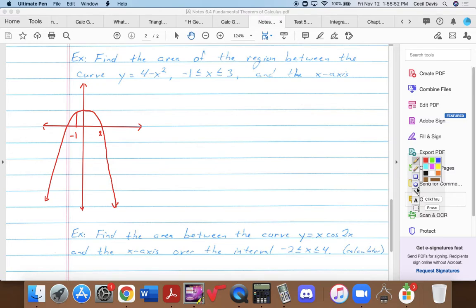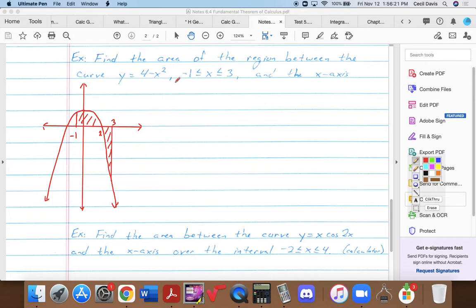And by the time we get over here to 3, this is way below the axis. So if we want to find the area, if we did the integral from 1 to 3, we would not get the correct answer because it would count all of this area as negative and this area as positive.